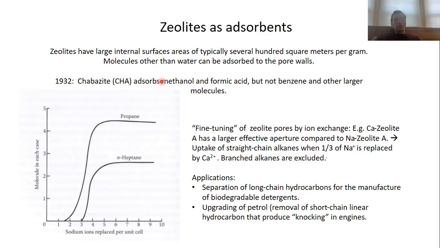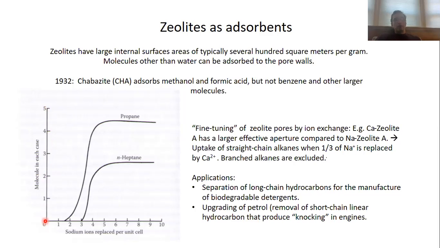So here you see another example. You can use this principle also for the separation of heptane and propane, for instance. So you see here again on the x-axis how many sodium ions are replaced by calcium ions in the unit cell. And here you see the number of molecules that can be in that unit cell for a particular sodium content.